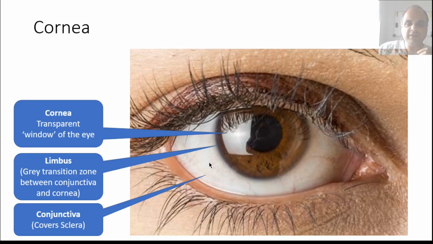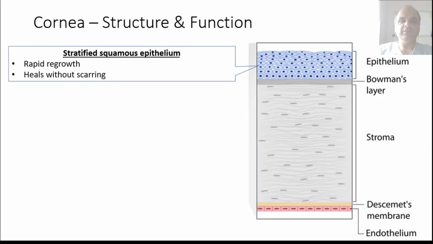It transitions from the sclera at something called the limbus, which is sort of grayish in color, and the conjunctiva covers the sclera, does not cover the cornea, neither does the episclera. We talked about it when we were doing conjunctivitis.